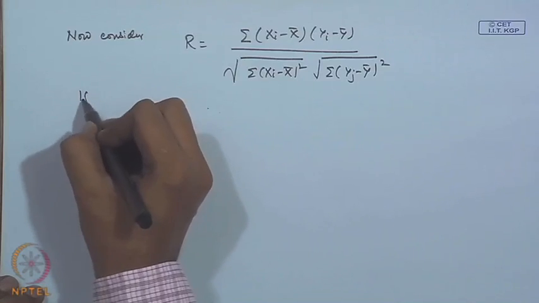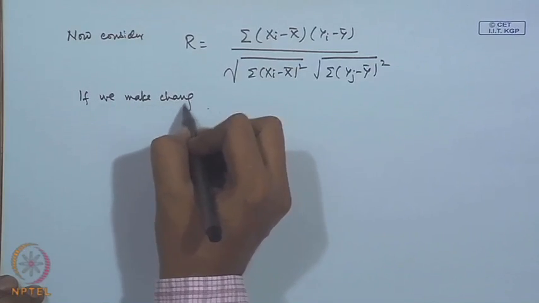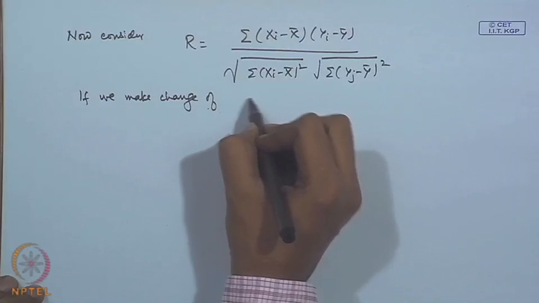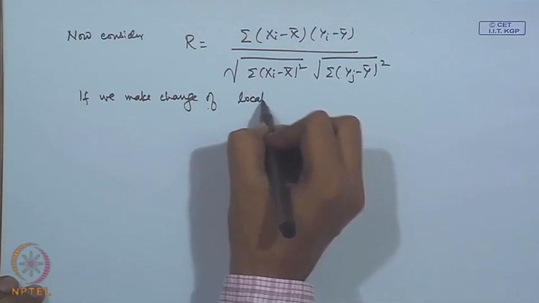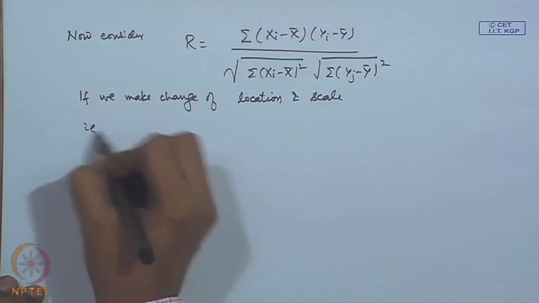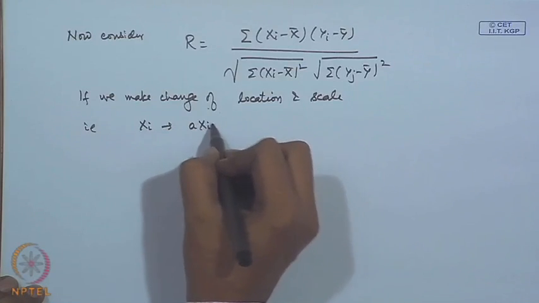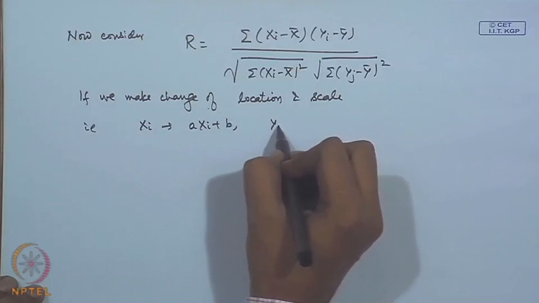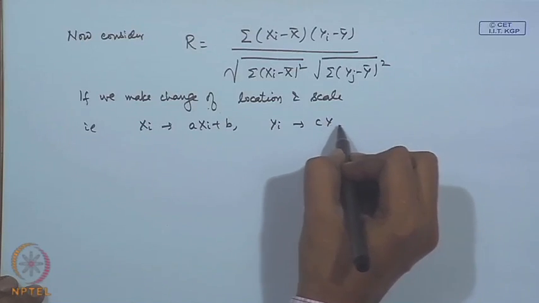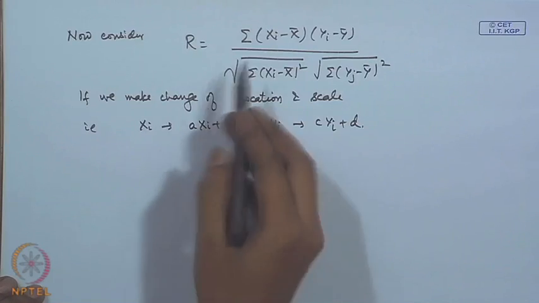If we make a change of location and scale, that is if I say x i goes to a x i plus b and y i goes to some c y i plus d, then what happens here?